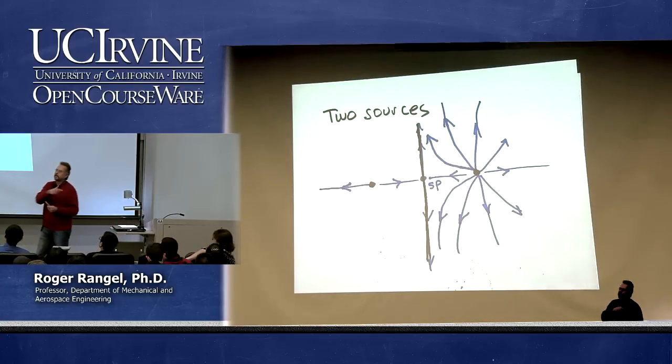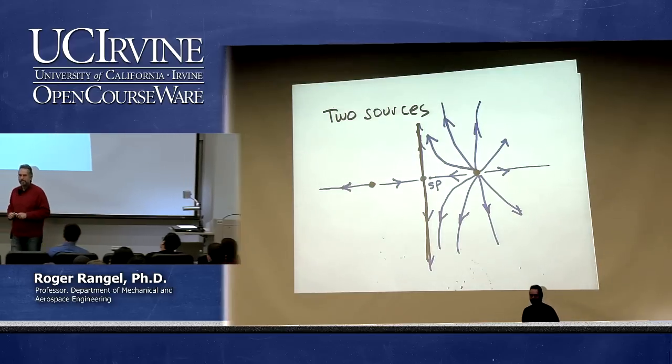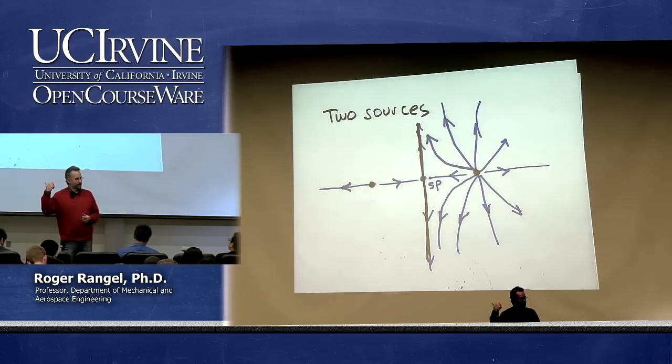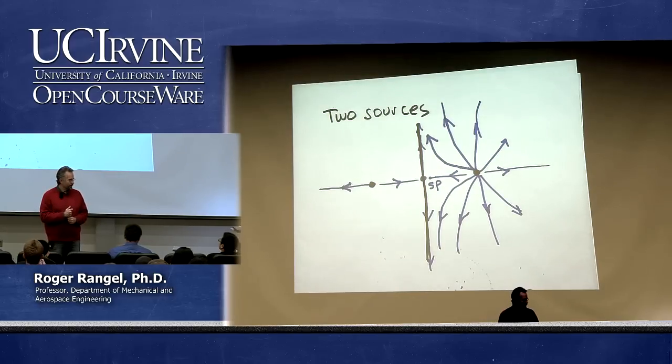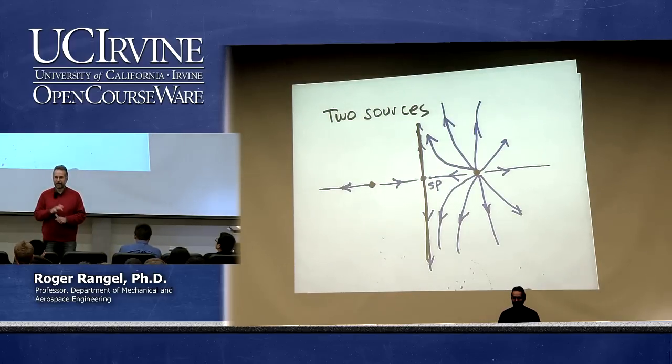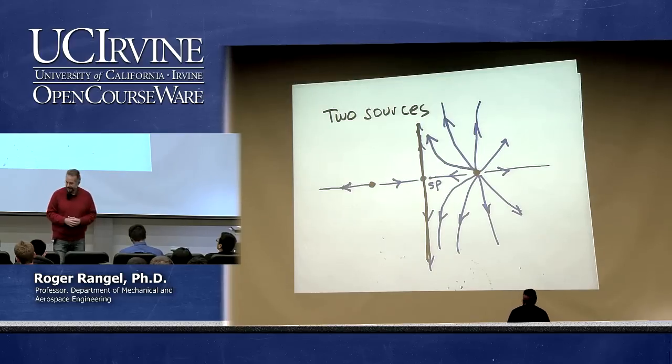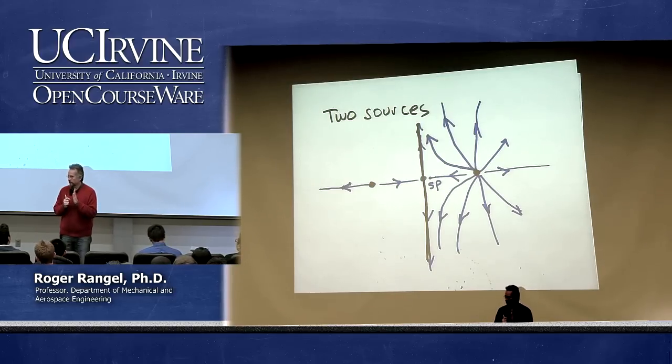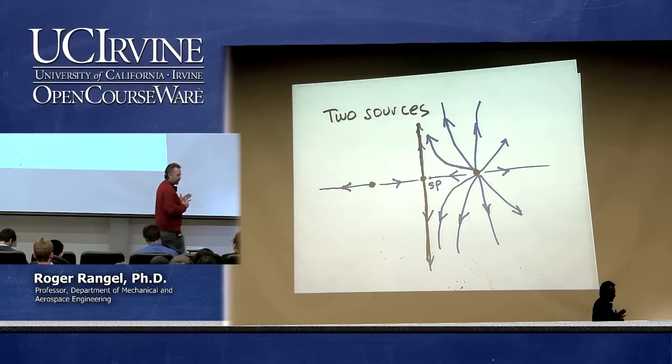And the same thing on the other side. What would be the name of this flow field? Name it. How about a source in front of a wall? That's what it is. Right? It's a source in front of a wall.